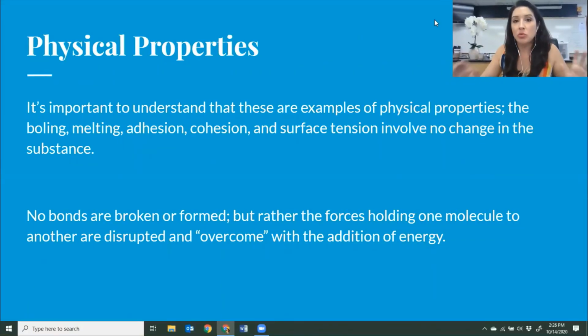One thing that's really important to understand is that all of these properties that we discussed for a substance, its boiling point, its melting point, adhesive properties, cohesiveness, surface tension, all of these are physical properties. They're all things that involve no change in the bonds or the identity of the substance. So whenever you are separating molecules, breaking apart those intermolecular forces, perhaps we shouldn't use the language of breaking and forming because that refers to bonds.